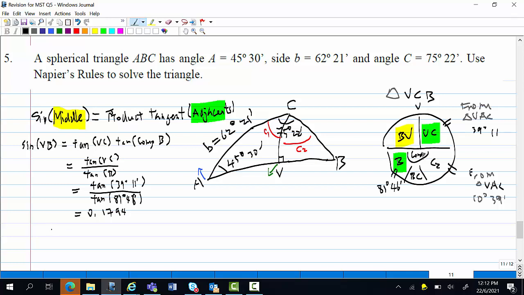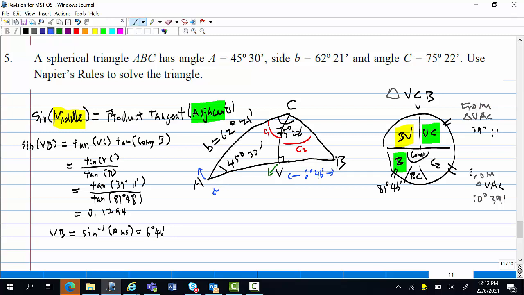Therefore, VB is sine inverse of this answer, which is equal to 6 degrees 46 minutes. So this is VB, which we have 6 degrees 46 minutes.